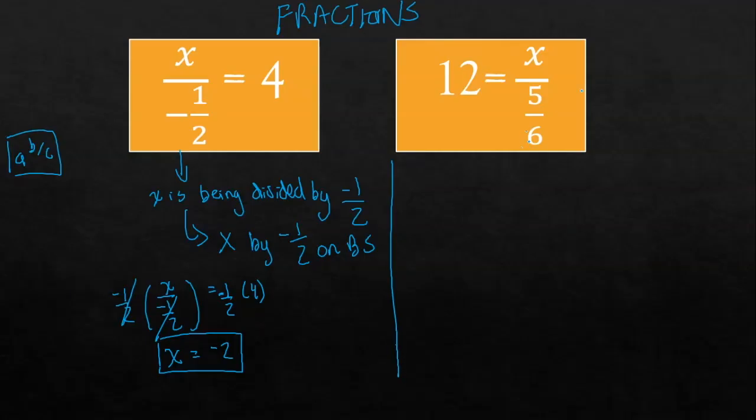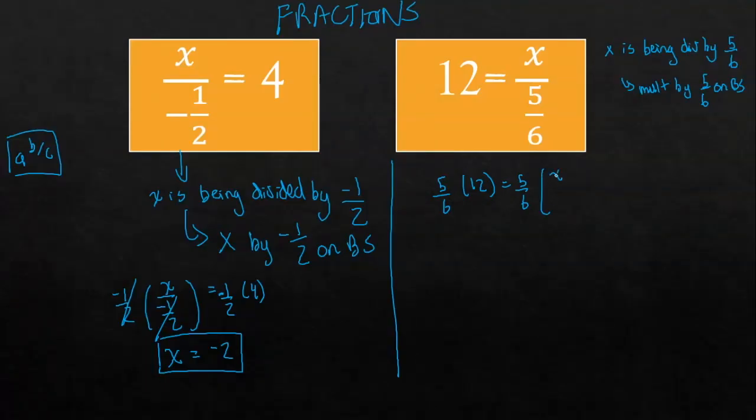So now on the second one, my x is on the right hand side, but that's okay. And I can see that x is being divided by 5/6. So that means I'm going to multiply by 5/6 on both sides. So we're going to multiply this side by 5/6 and this side by 5/6.